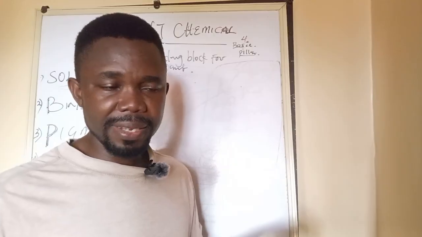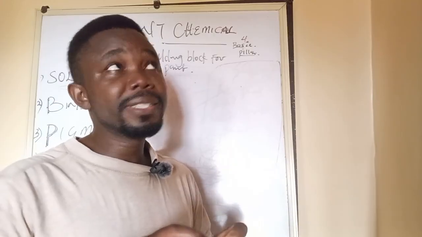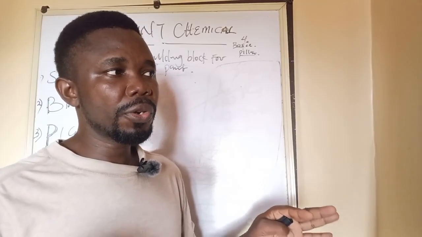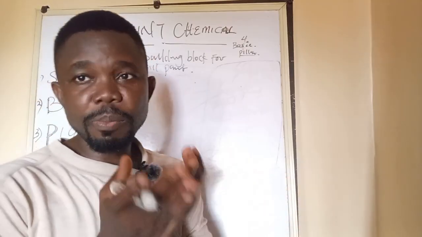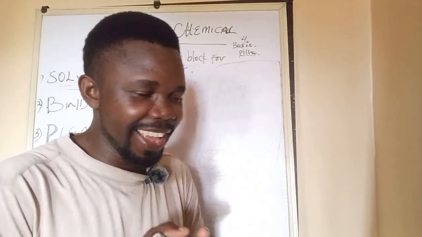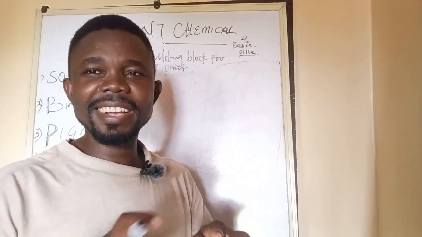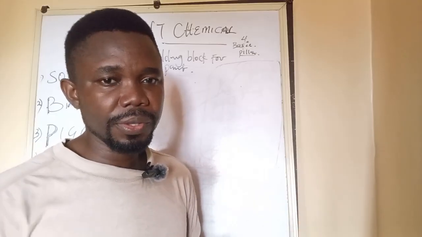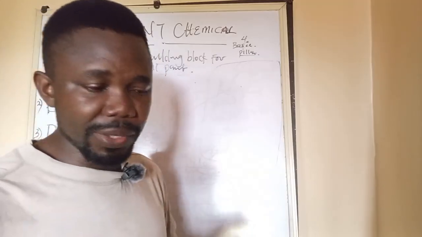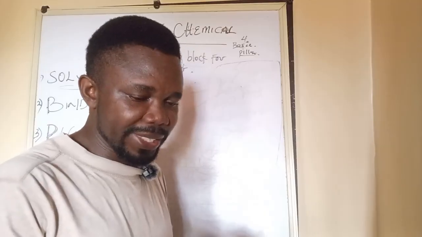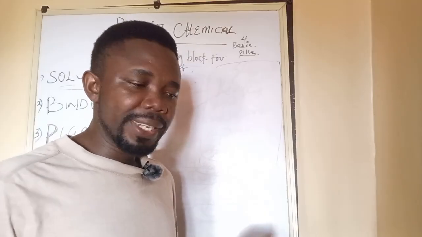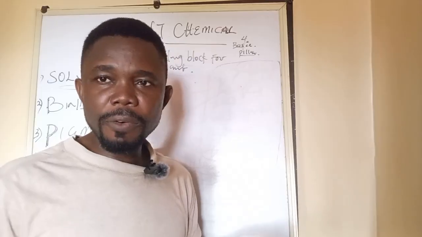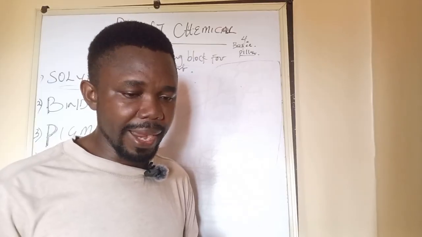What do I mean by dispersed? It is the breaking down of the agglomerates, that means your solid particles. I'm starting to sound technical again. So when you are dispersing, you are adding a shear force in that medium and separating the colloids, the particles of whatever chemicals you are adding.